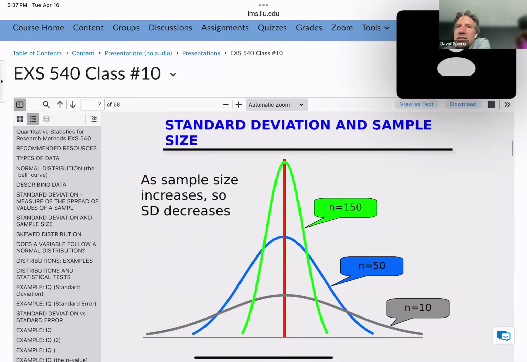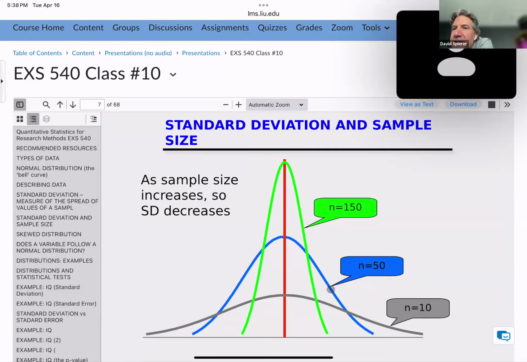Let's look at that again. Let's say, for instance, we have 210 people in our group. 150 of them will fall very, very close to the average. Again, this is a good data set. I'm not saying that it's every data set.